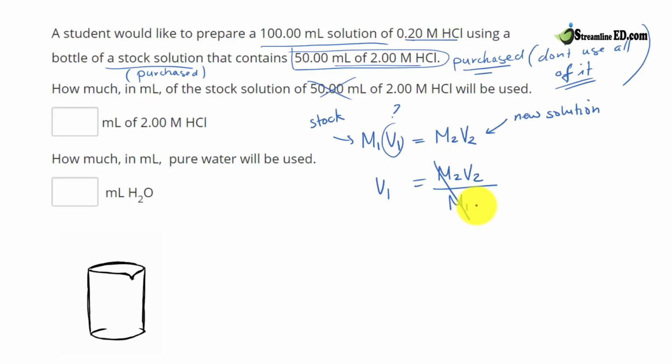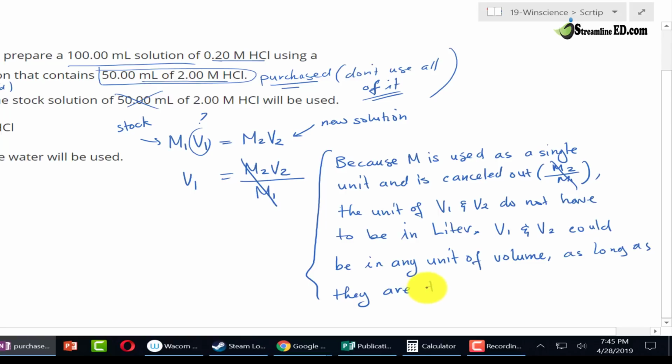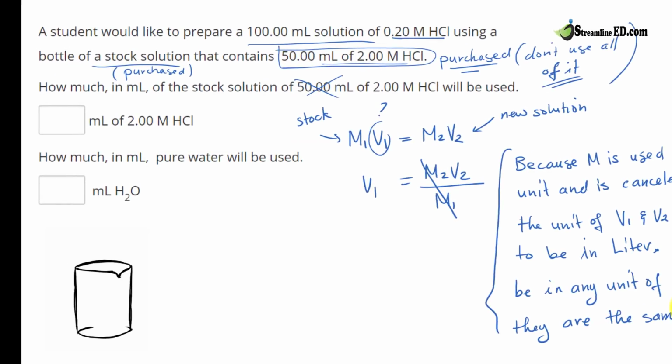We don't have to worry about the volume needing to be in liters. This volume V2 and V1 could be in any unit of volume. This is extremely important because molarity is used as a single unit and it's canceled out, because M2 divided by M1.